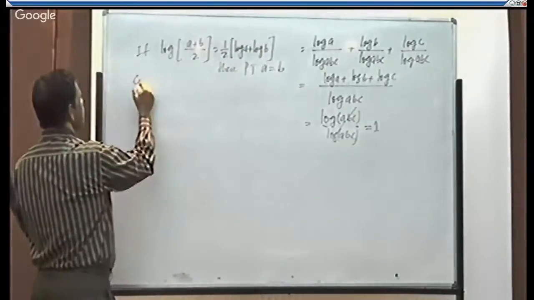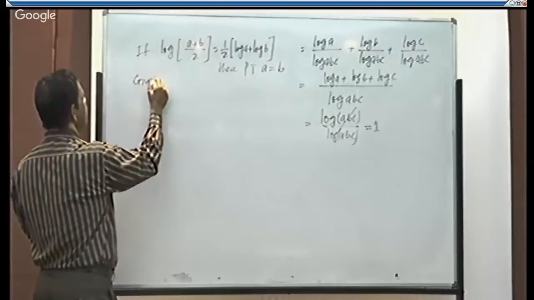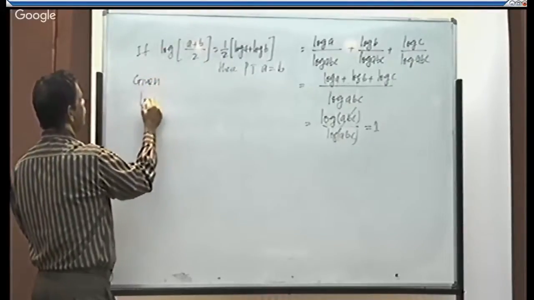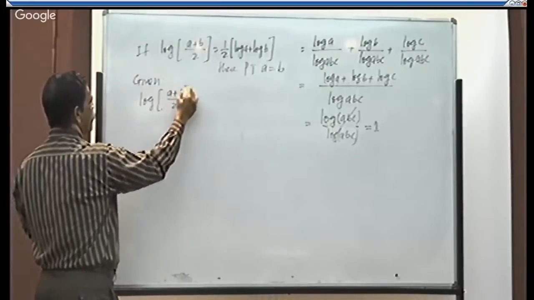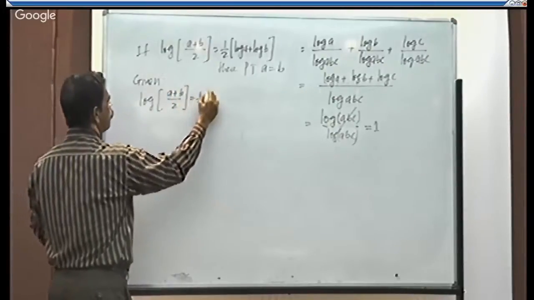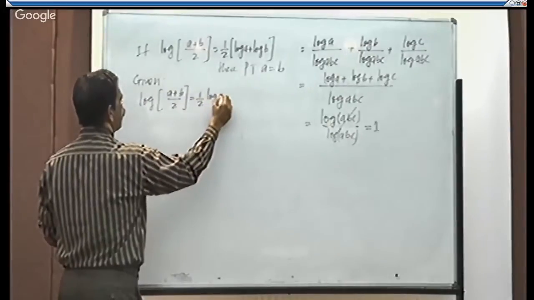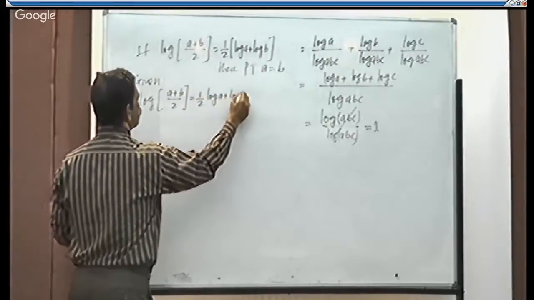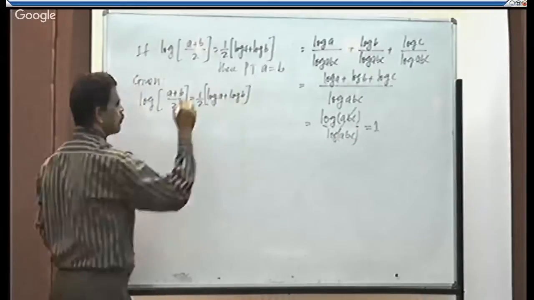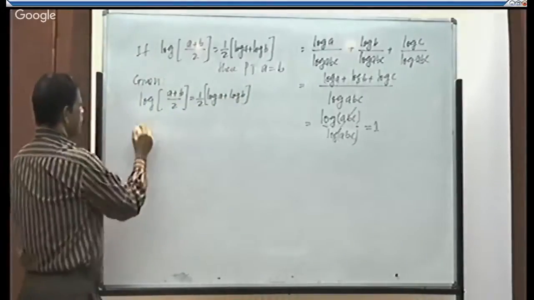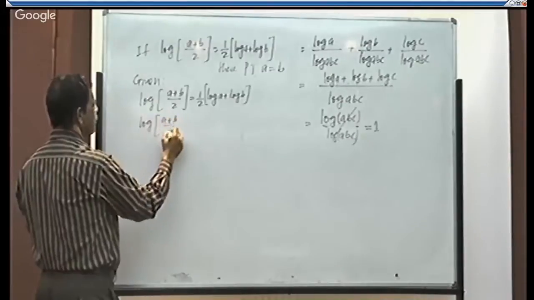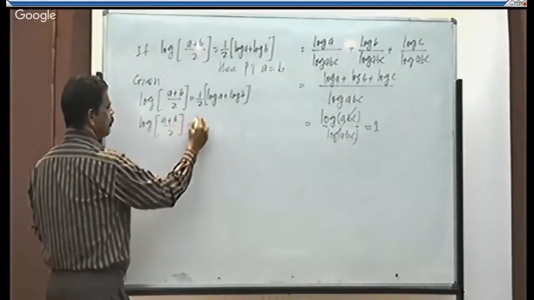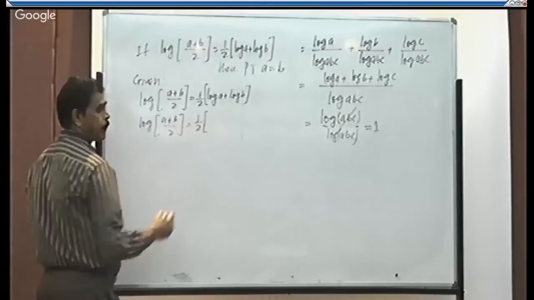Let's take the given condition: log of (A plus B) divided by 2 is equal to 1 by 2 into (log of A plus log of B). Take the right hand side in simplified form. I am taking 1 by 2 as it is.